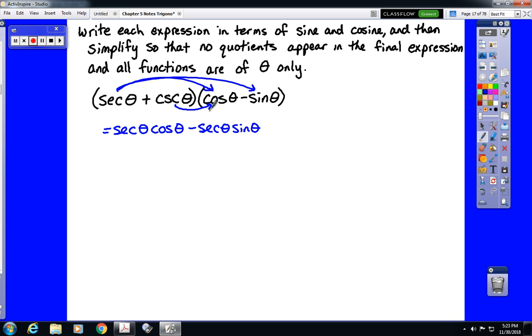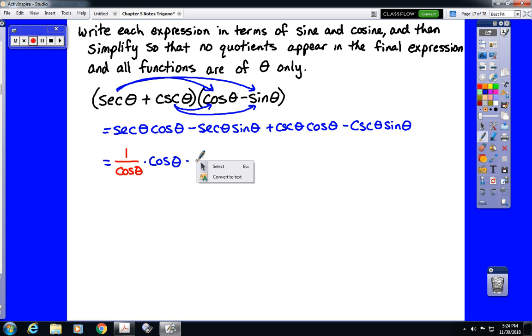Cosecant times cosine is positive cosecant cosine. Cosecant times negative sine is negative cosecant sine. We should then go in and replace secant with 1 over cosine. And cosecant with 1 over sine. So that would look like this.